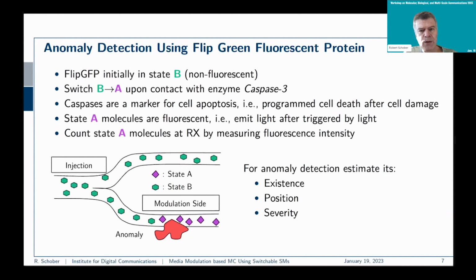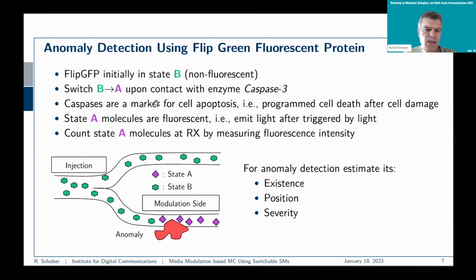And an example for a one-time switchable molecule is called FlipGFP. And this FlipGFP in its original state, which we call here the B state, is non-fluorescent. And it can be switched into a fluorescent A state. And this can be done, for example, by getting into contact with an enzyme that's called caspase 3.